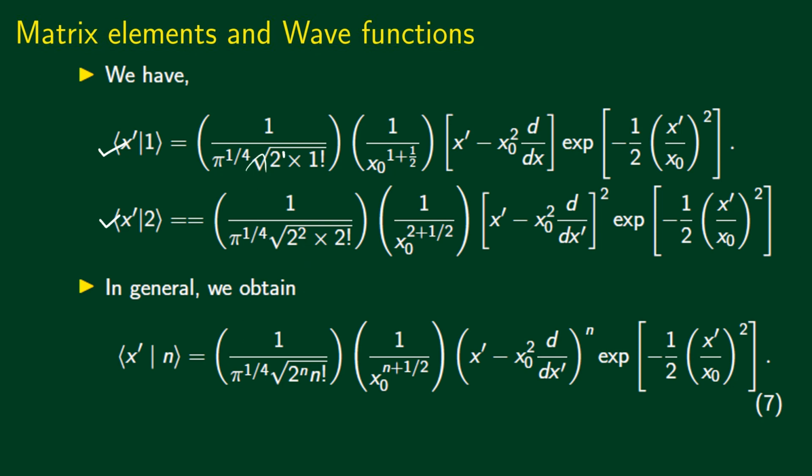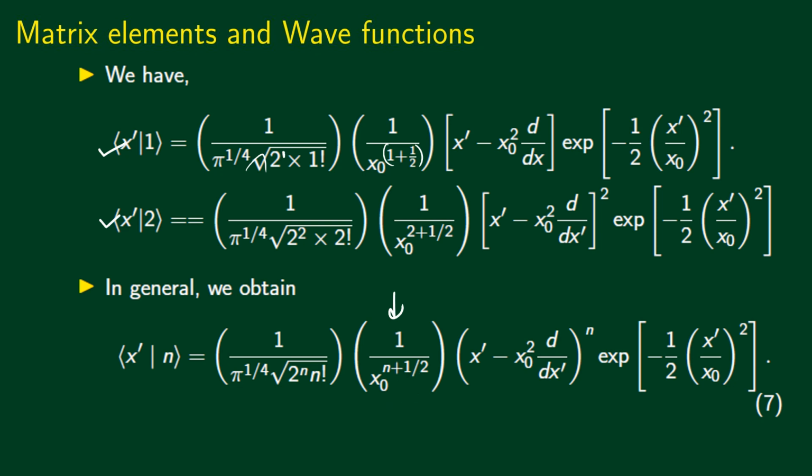All right. Now let's look at the next term. Here we have 1 divided by x0 raised to the power of 1 plus half. This is for the first excited state. For the second excited state, we have a similar term, but the term appearing here is x0 raised to 2 plus half. All right. So for the third excited state, we would expect x0 raised to 3 plus half, or in general for the nth excited state, the term would be 1 divided by x0 raised to n plus half.